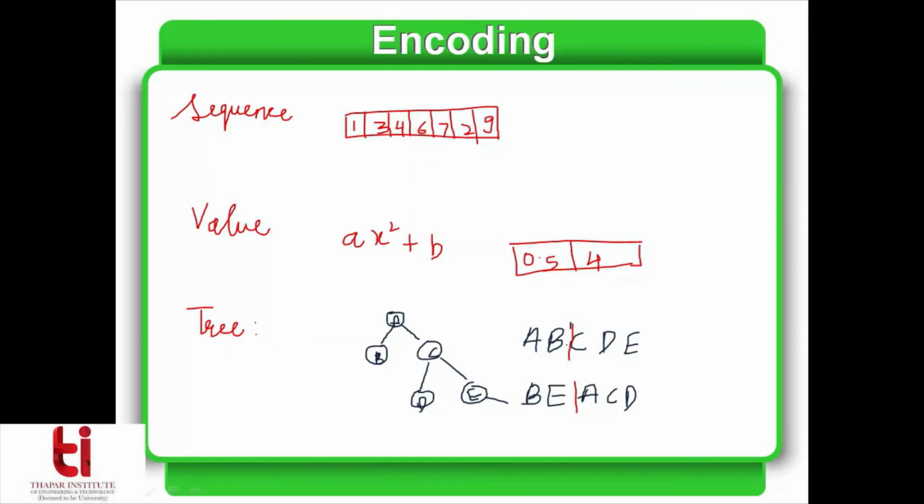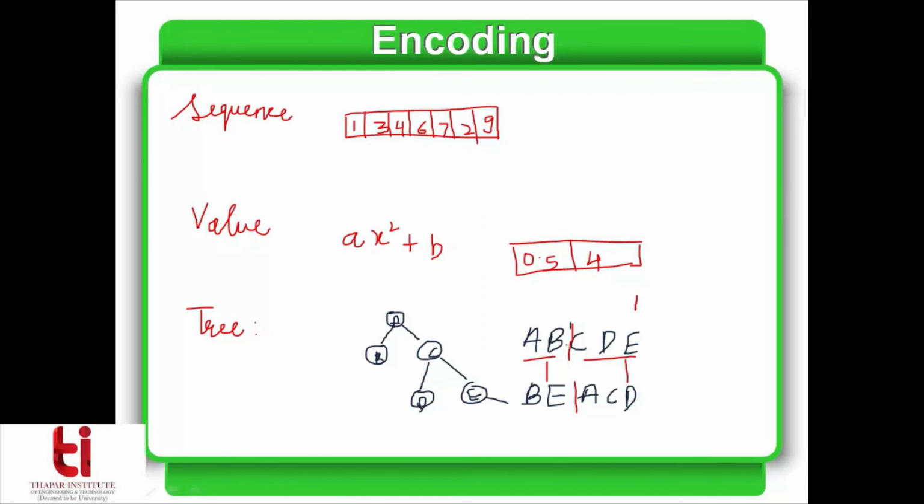The first thing I have to remember is that my length should remain the same. So I can exchange this part with this in one offspring and this part with this in the other offspring.